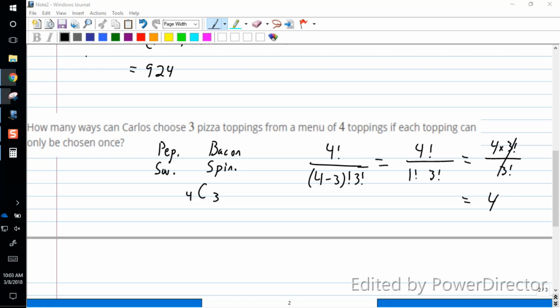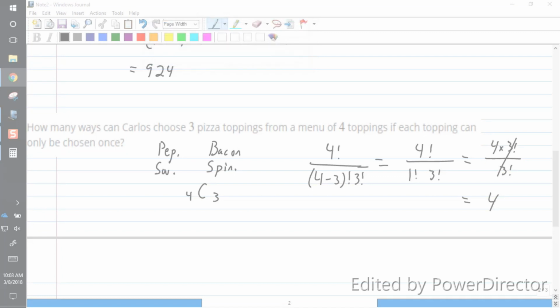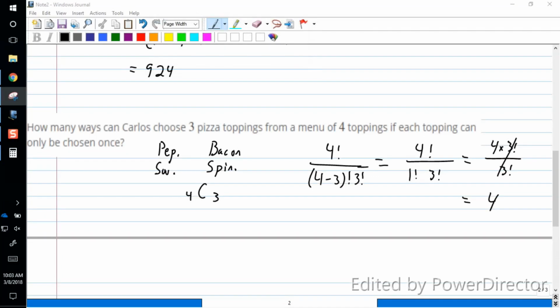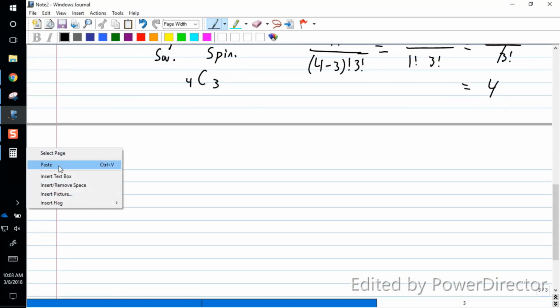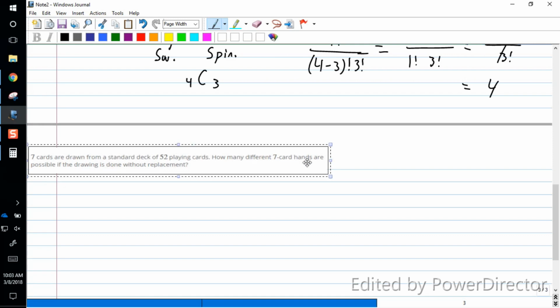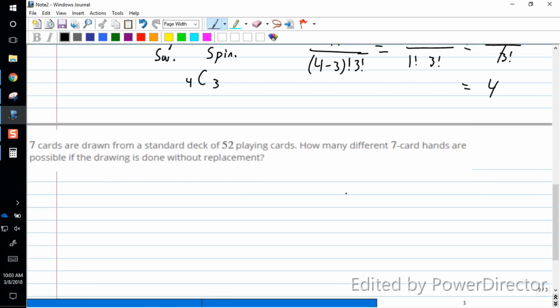Let's look at the next problem. Seven cards are drawn from a standard deck of 52 playing cards. How many different 7-card hands are possible if the drawing is done without replacement?